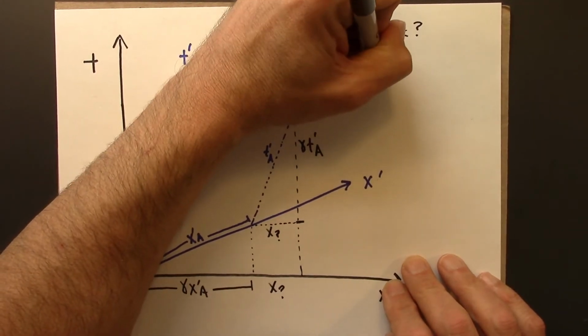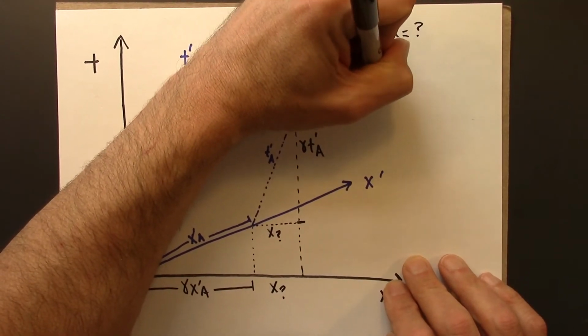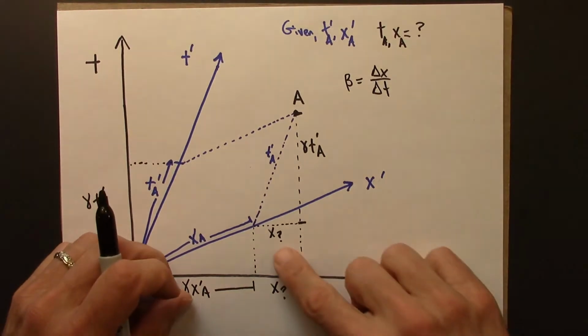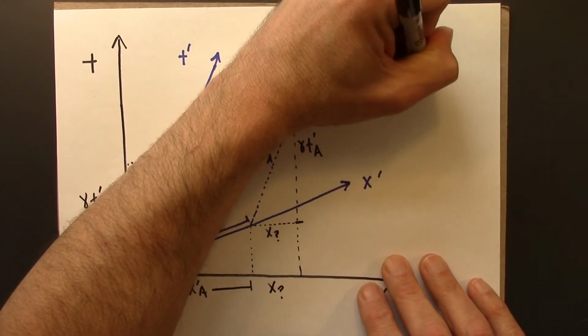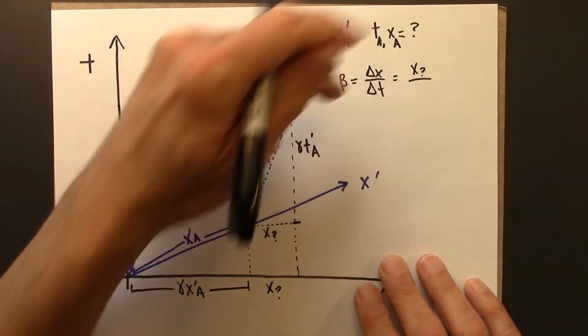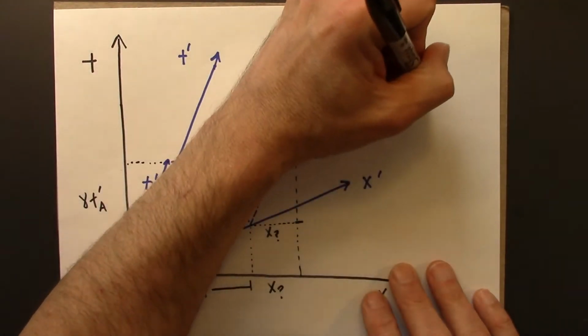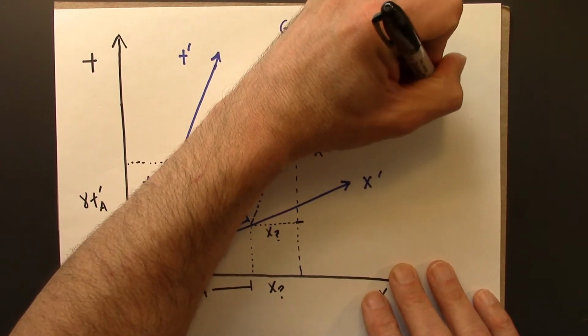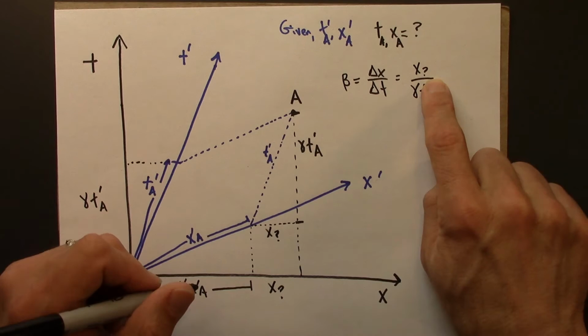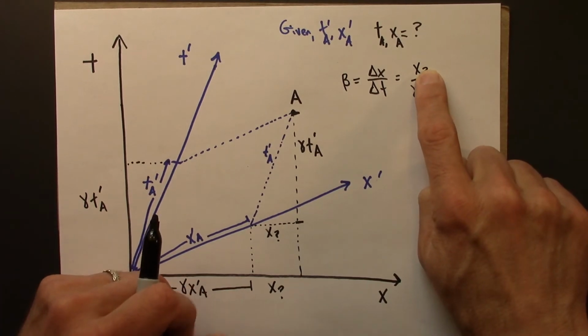It's going to be a delta x over a delta t. So delta x, oh hey, that's the thing I want to figure out. Delta t is given by this, gamma t prime A. So I can solve this for x question mark.